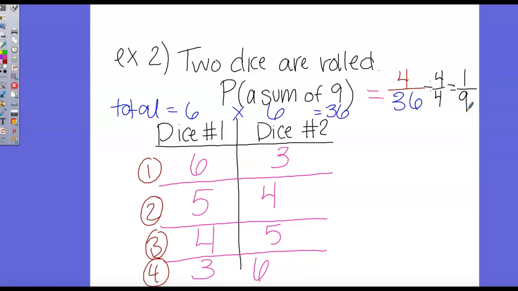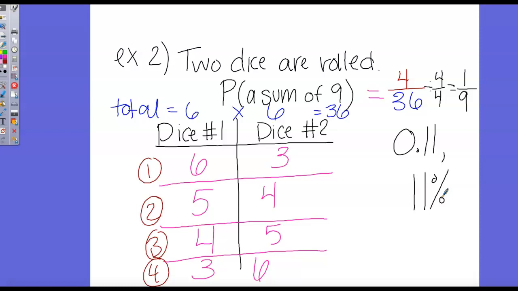What is 1/9 as a decimal? 0.11. So 11 hundredths, which is the same as 11%. Thank you, Blake, for raising your hand. Questions? So that is the probability of rolling 2 dice and having a sum of 9.